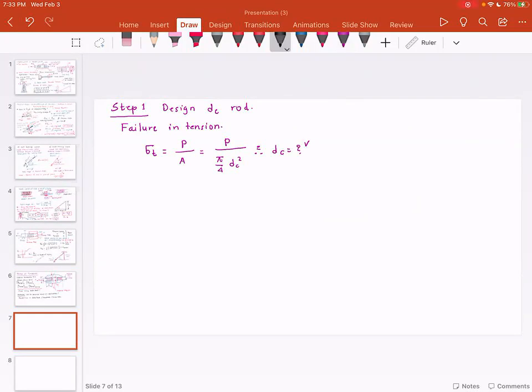Now, core diameter again, if you look at the screw, you have an inside diameter and an outside diameter. This is the weakest section. So the core diameter is this.